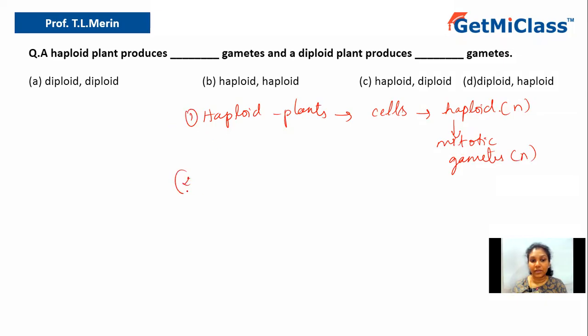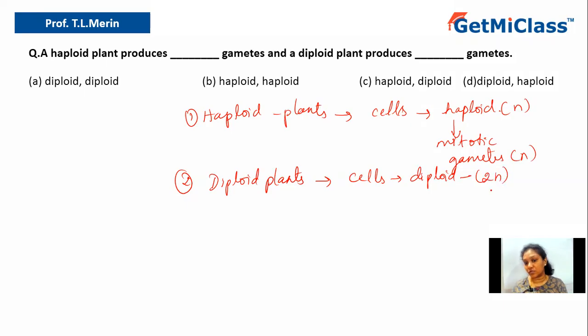What about in case of diploid plants? If we talk about diploid plants, here the cells are also diploid, and that means these contain 2n number of chromosomes, that is 2 sets of the chromosome. Now these diploid cells will undergo meiotic division so as to produce gametes.